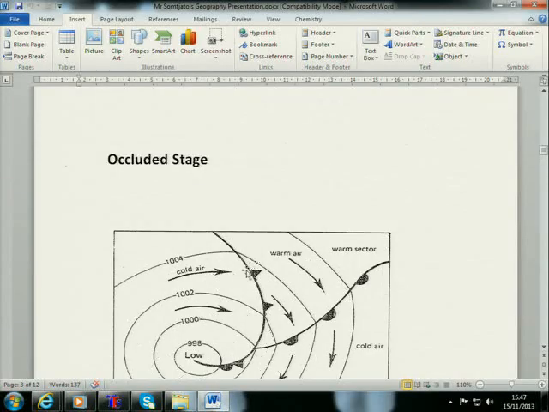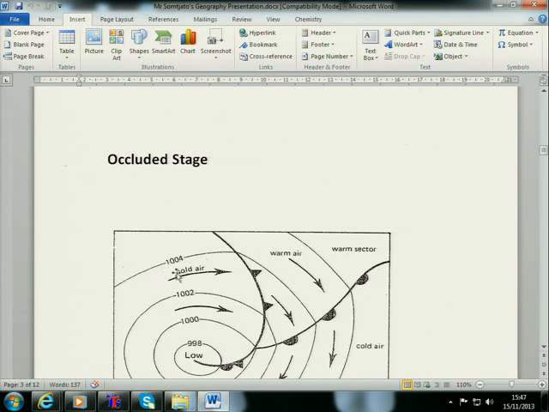Why? Because the cold front catches up and overtakes the warm front, as we can see here. The cold front catches and overtakes the warm front. When that happens, the warm air of the warm sector is isolated from the ground.